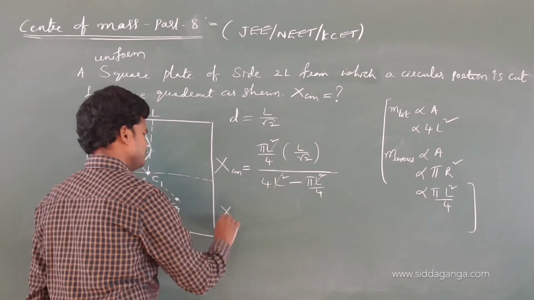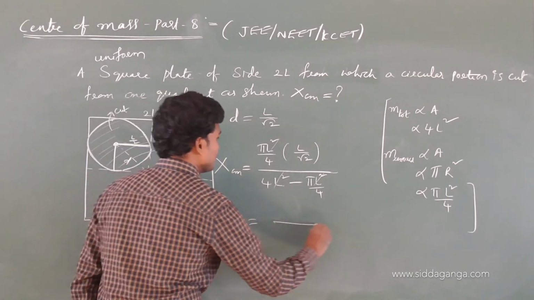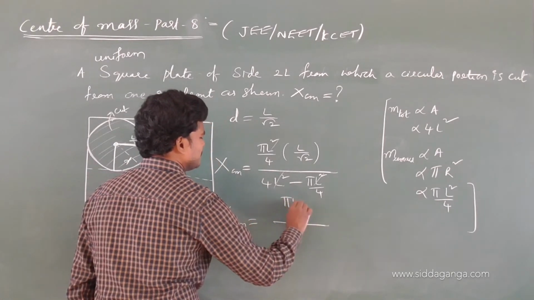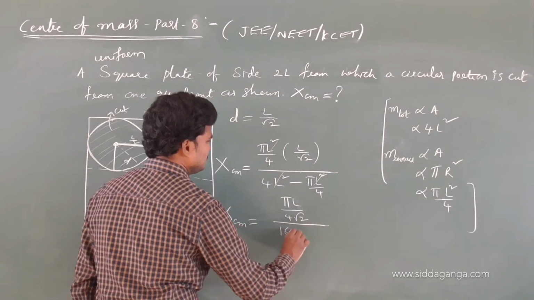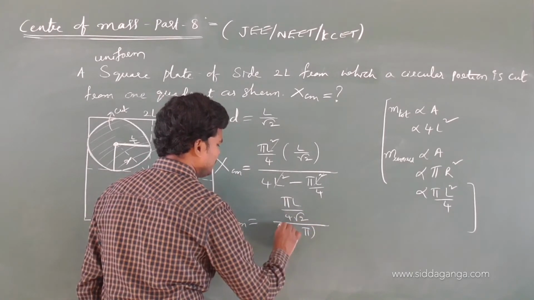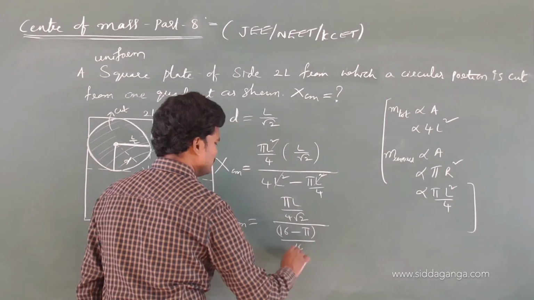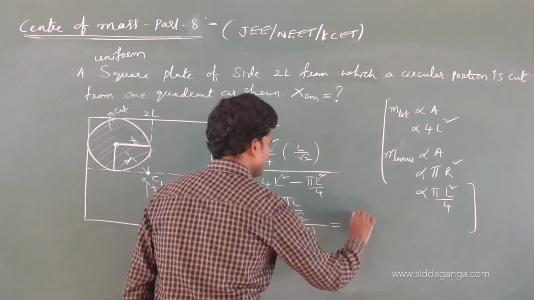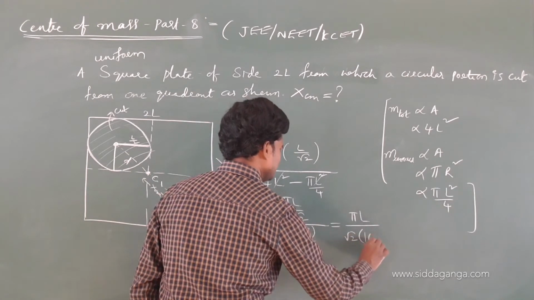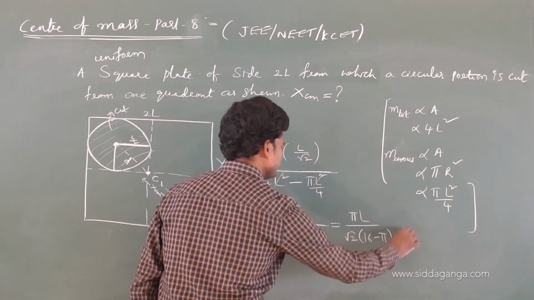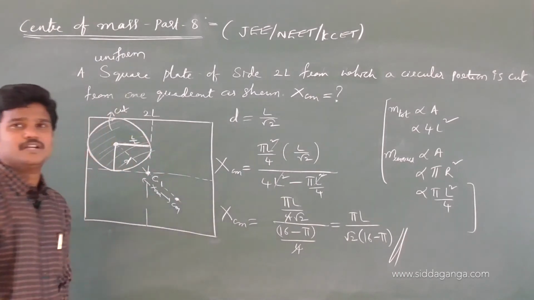Okay, let me write. Pi L by 4 root 2, 16 minus pi by 4. So the answer is pi L by root 2, 16 minus pi. Pi L by root 2, 16 minus pi.